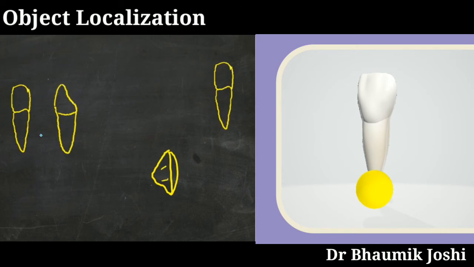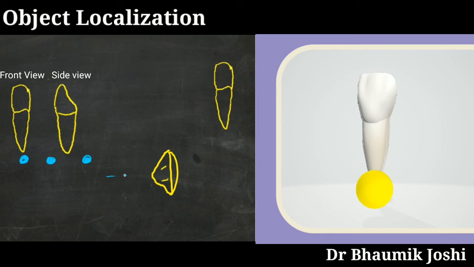Now let's see this case, where this is the front view of the tooth and then there is the side view. When you see from the front, as we already discussed, for an object that is present in the periapical region, we cannot tell whether it is present buccally or lingually. But when we see from the side, it can easily be told whether it is buccal or lingual.